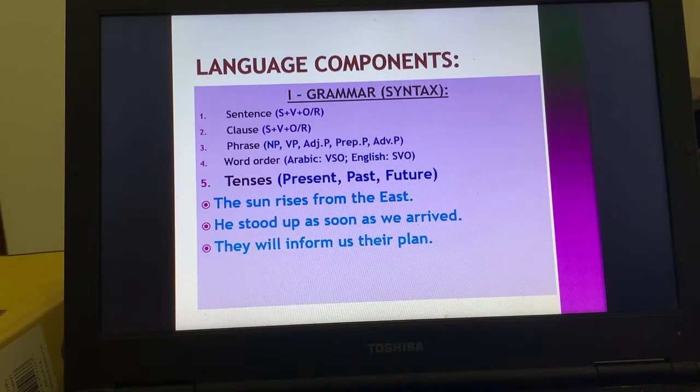And the third one for the future, they will inform us their plan. سوف يخبروننا بخطتهم أو سيخبروننا بخطتهم أو سيعلمون بخطتهم. Present, past, and future.